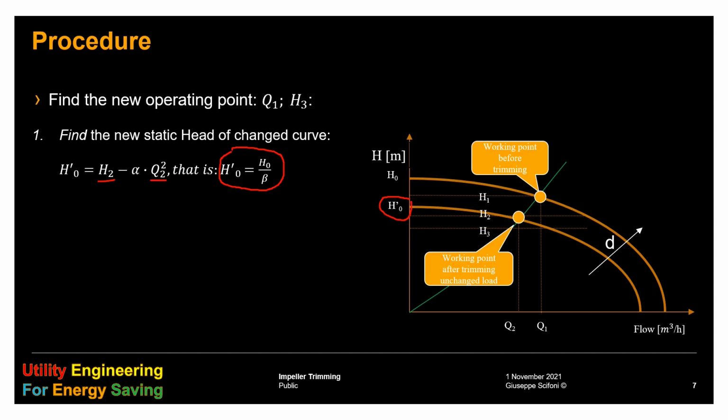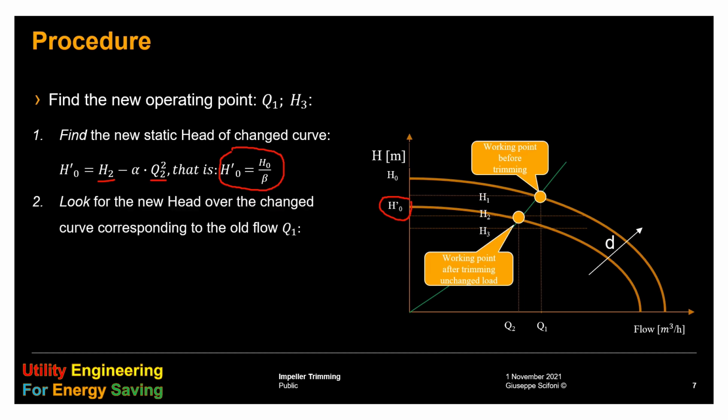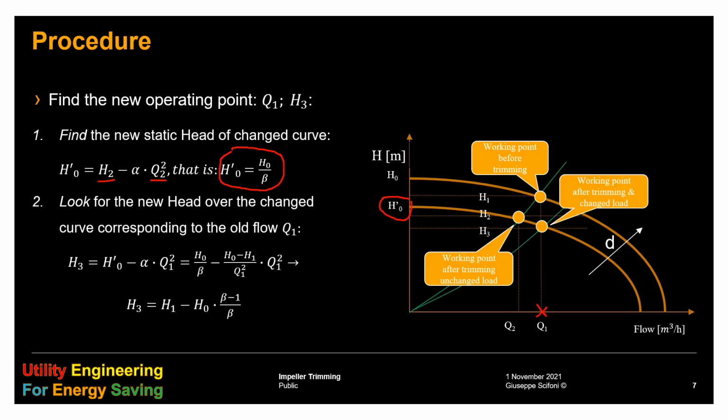Let's find now the new head H3 corresponding to the old flow Q1. That is equal to H1 minus H0 times (beta minus 1) over beta.